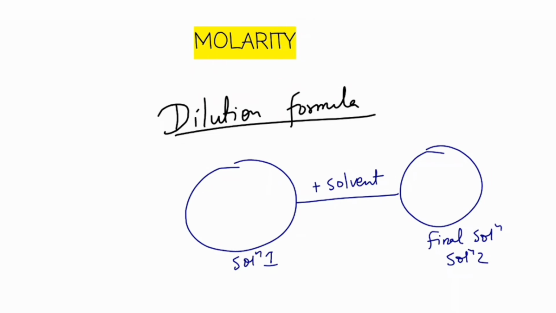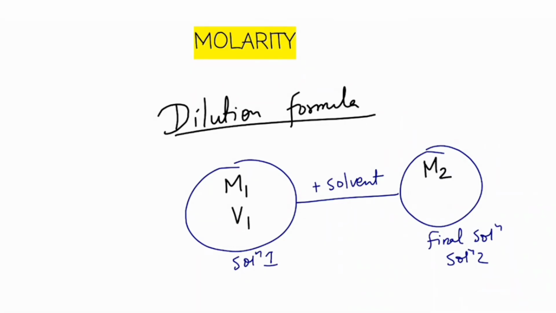Now this is solution 2, our final solution. M1 is the molarity of the initial solution, that is our concentrated solution, and V1 is the volume of the concentrated solution.